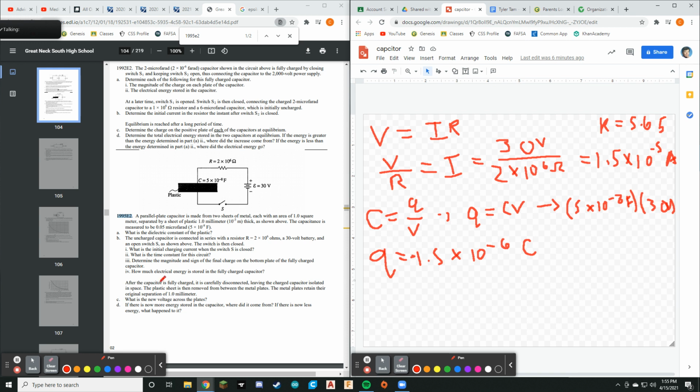And for part 4 of B, how much electrical energy is stored in the fully charged capacitor? So one equation is the energy in a capacitor, when fully charged, is 1/2 CV squared. And again, voltage of the capacitor is the same as the battery for this circuit. So we just plug in our values, 30 volts squared.